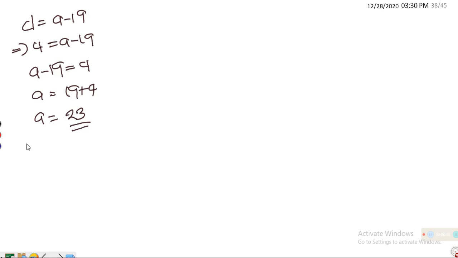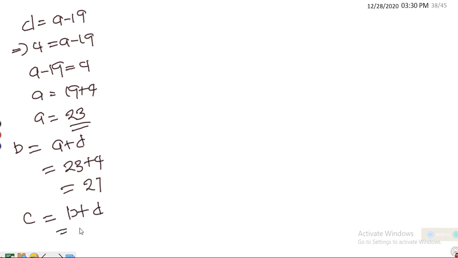Since D equals 4, B will be A plus D, which is 23 plus 4, which is 27, and C equals B plus D, which is 27 plus 4, which is 31.